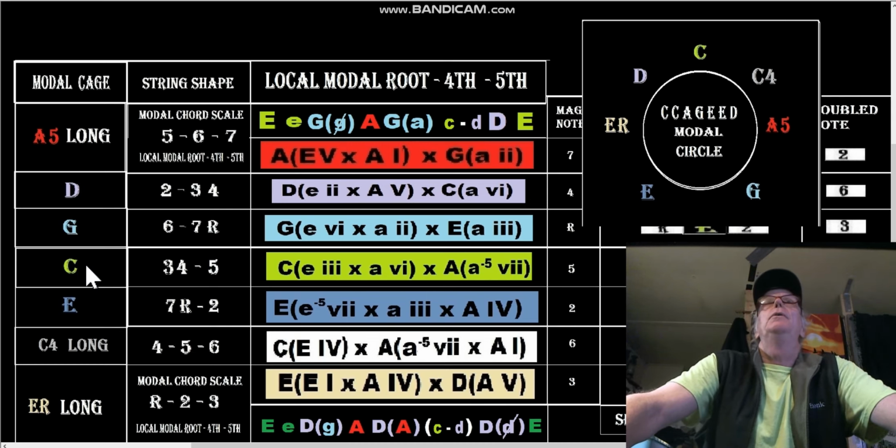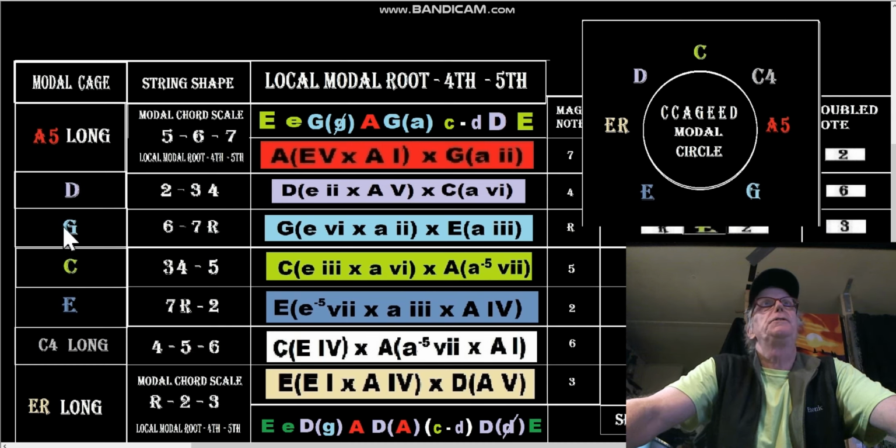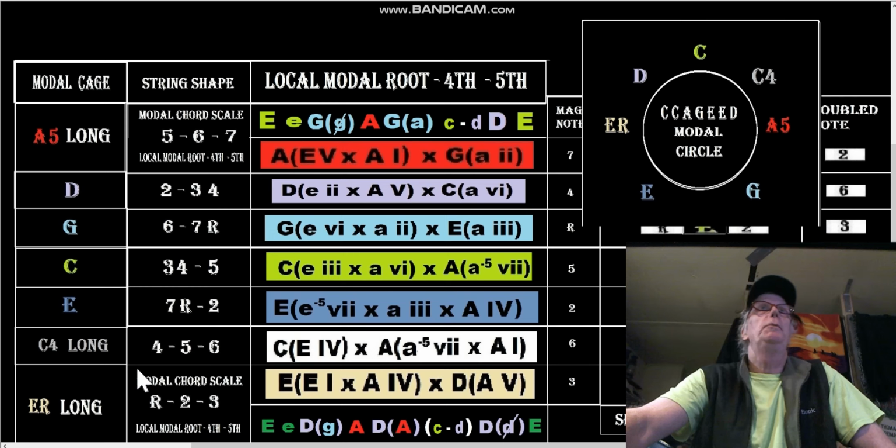Okay, so again, the fifth string shape of E is C, and so on. We go into normal fifth relationships. Fifth of C is G, fifth of D is A, fifth of G is D. Fifth of A is E.